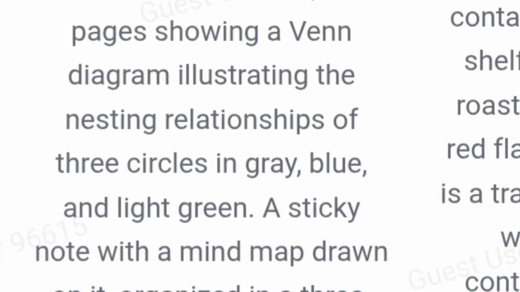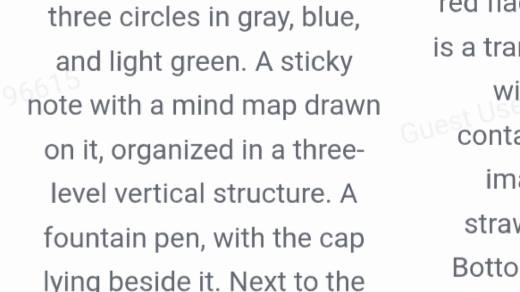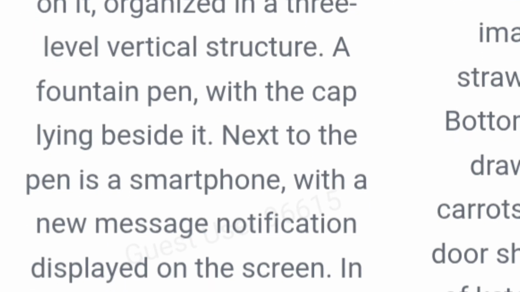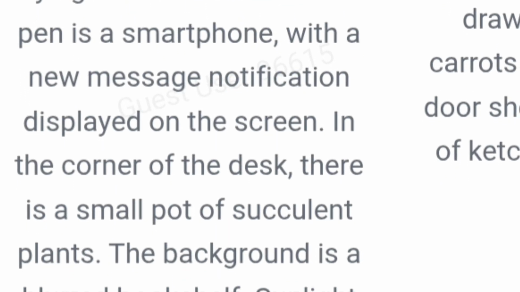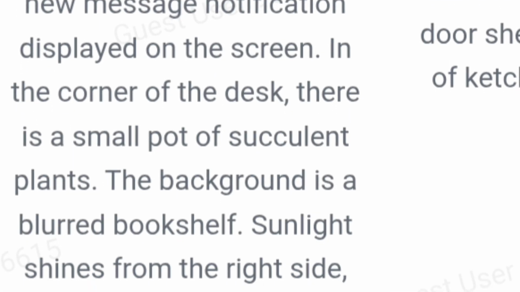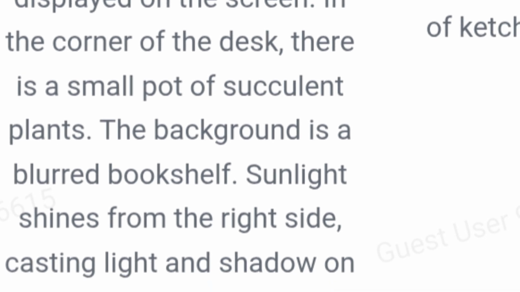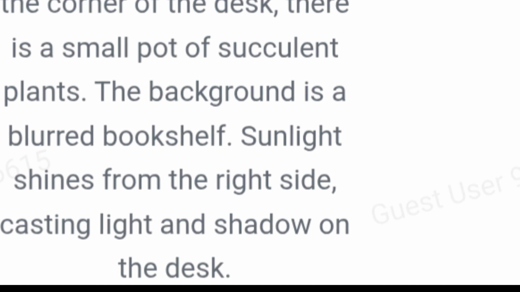A sticky note with a mind map drawn on it, organized in a 3-level vertical structure. A fountain pen with a cap lying beside it. Next to the pen is a smartphone with a new message notification displaying on the screen. In the corner of the desk, there is a small pot of succulent plants. The background is a blurred bookshelf. Sunlight shines from the side, casting light and shadow on the desk.